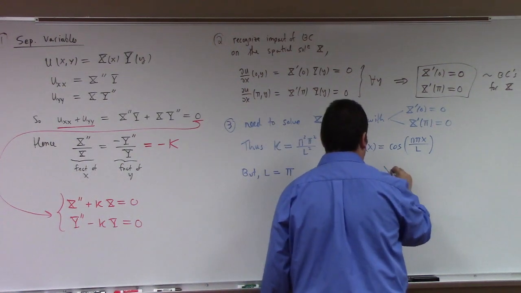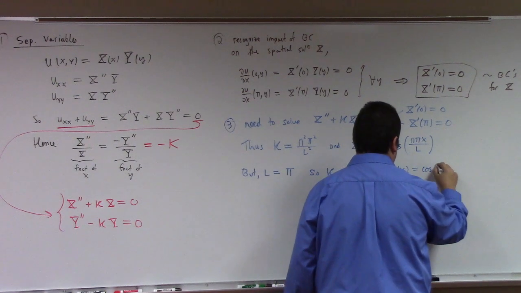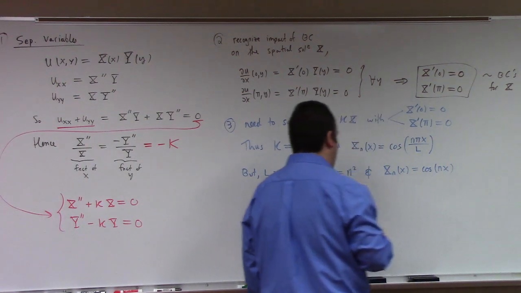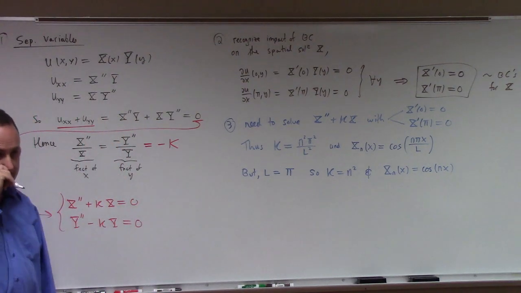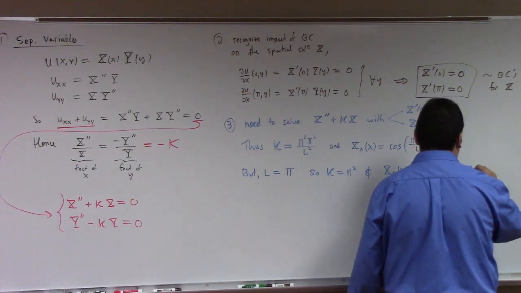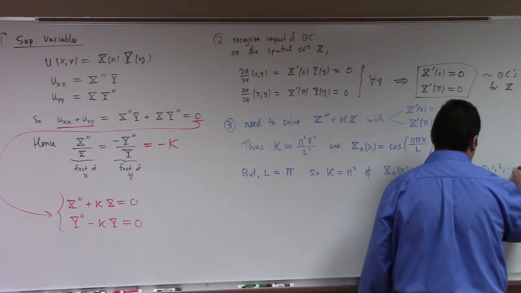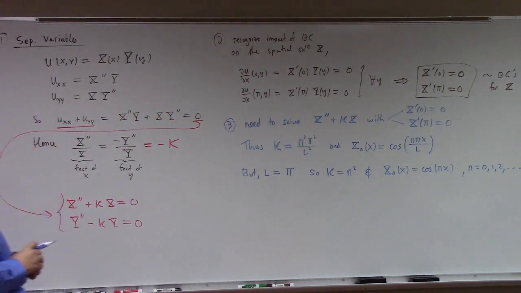And X_n of x is just what? Cosine nx. Woohoo. Now, by the way, n could be 0, right? So we get not just one x solution, but in fact infinitely many.